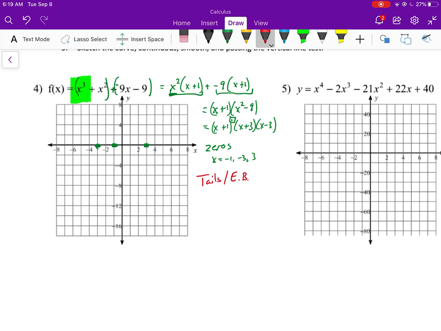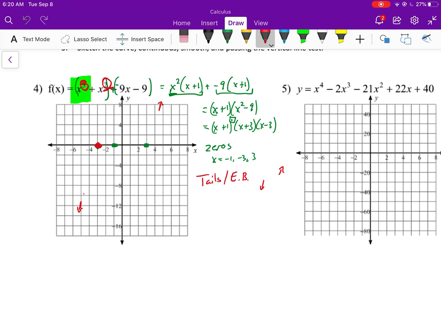It's odd, which means they're going to go in opposite directions, and positive, so left is going to be down, right is going to be up, and we can even do that on here. So come past your last zero here, somewhere down here the tail is going to be down. Over here, the tail is going to be up. Well, there's no special symmetry. That's got an odd exponent and then an even exponent, so no special symmetry.